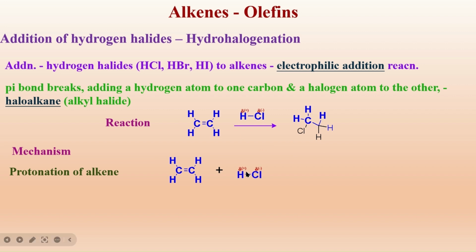H plus, the electron deficient hydrogen, acts as an electrophile. In the presence of H plus, an electrophile, the pi electrons move towards one carbon of the alkene.